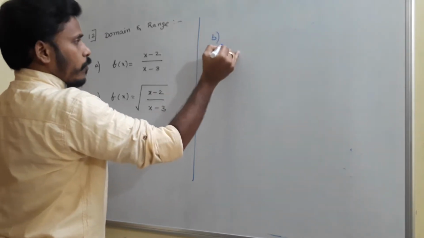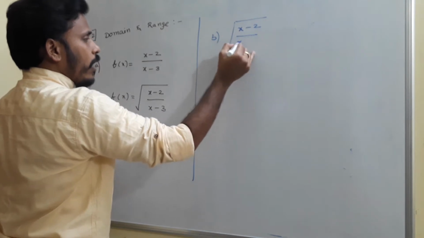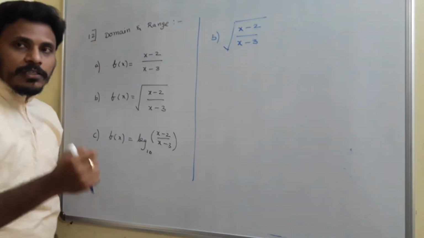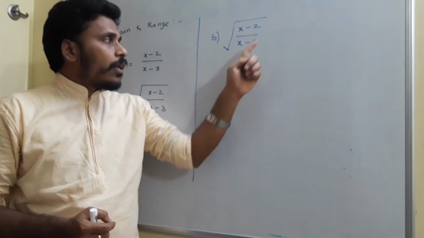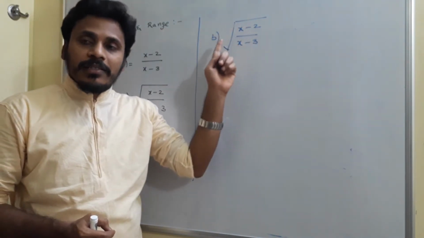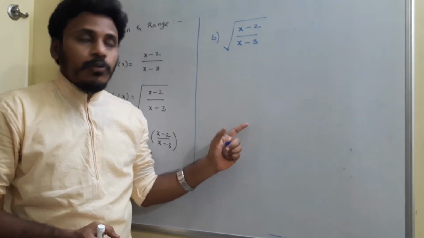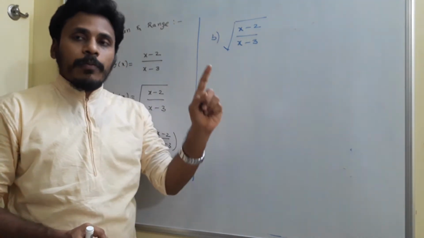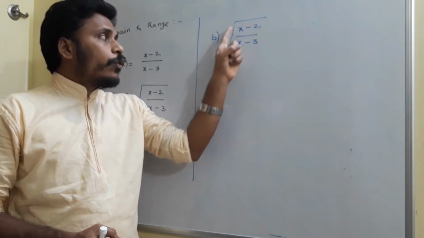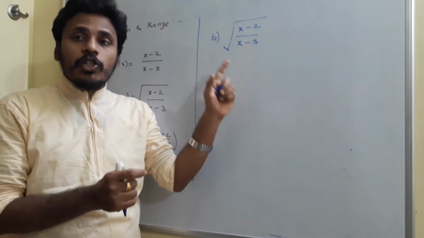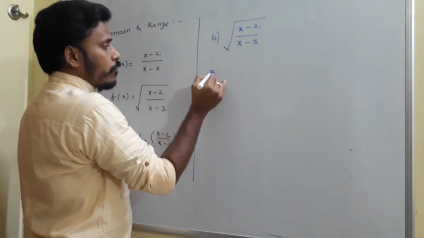By the definition of square root, you need to think about when the square root exists and when it does not. Just think about this (x-2)/(x-3). It is sometimes positive and sometimes negative. The square root exists only for positive numbers. So you need to find the range of values of x for which (x-2)/(x-3) is positive.